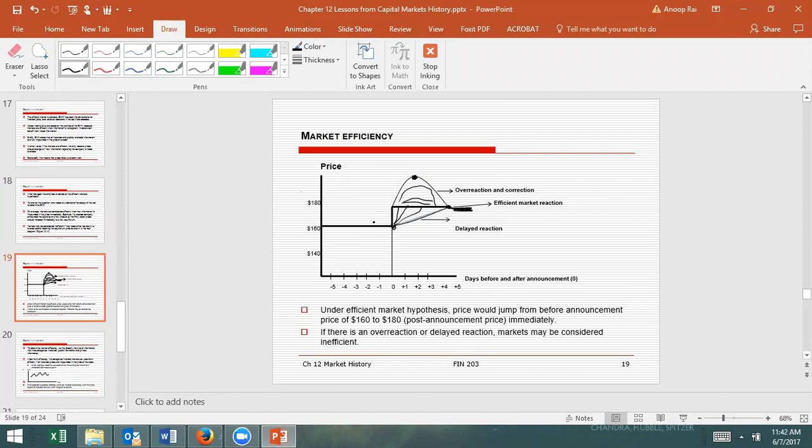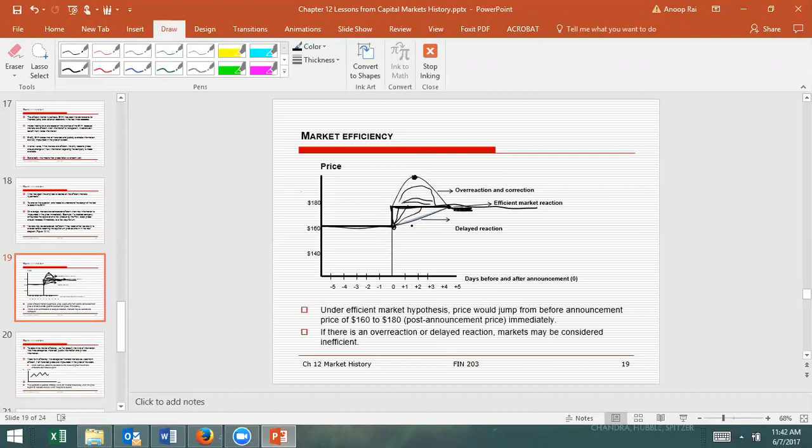Everybody's going to buy till it reaches 180 in equilibrium. So what we say is that in the US, our markets should react instantaneously because the markets are efficient, and when a given piece of information comes in, boom, the price goes up, and we call those markets efficient.